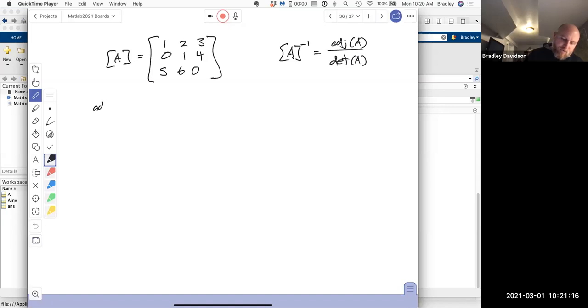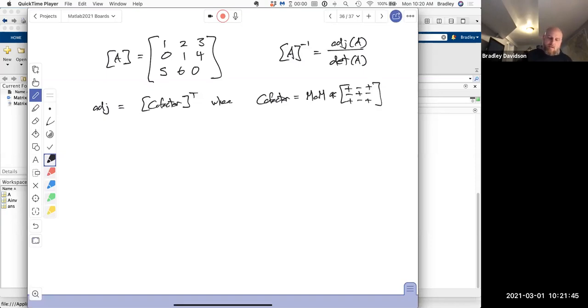So remember, the adjoint is equal to the cofactor transpose. And this is where the cofactor is equal to that matrix of minors multiplied by the checkerboard of signs.